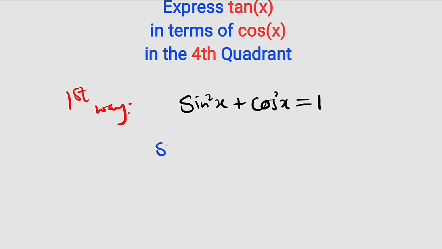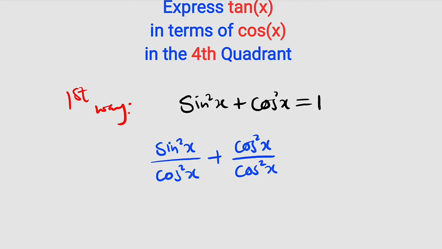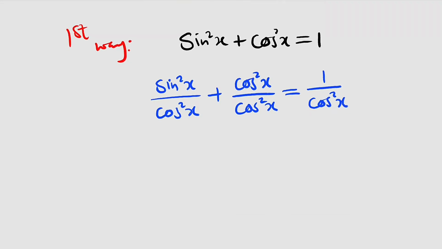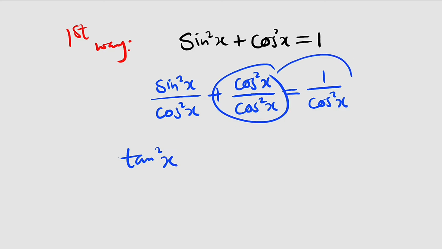And this will give us sine squared x divided by cosine squared x plus cosine squared x divided by cosine squared x equal to 1 divided by cosine squared x. From here you can see this is just tan squared x, right? So we can write it as tan squared x, and I want to take this one to the right hand side.